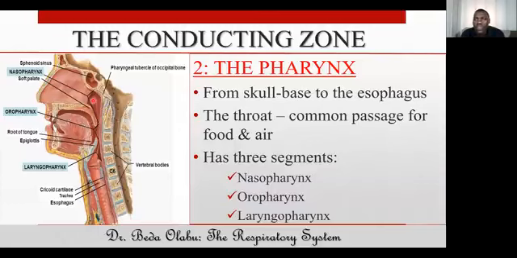The other name given to the middle ear is tympanic cavity. So the eustachian tube connects the nasopharynx to the tympanic cavity. The purpose of that connection is to equalize pressure between the middle ear and the atmosphere.